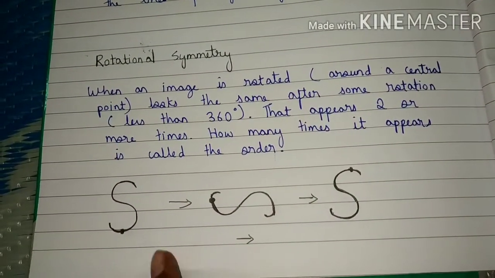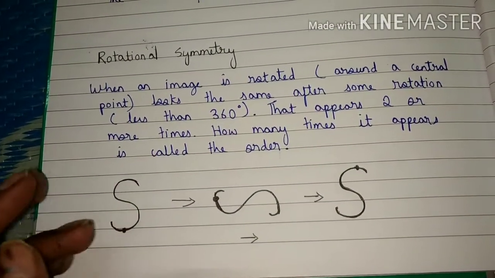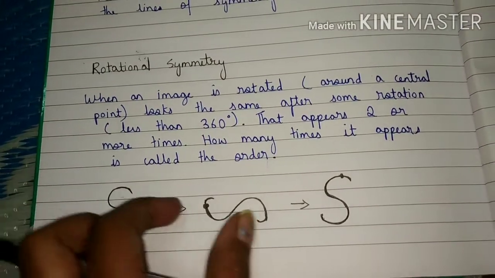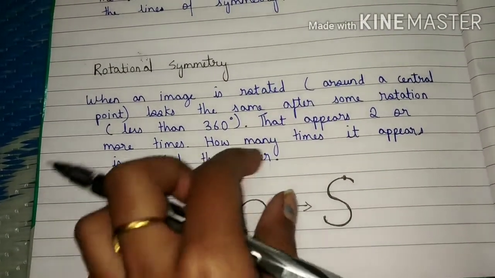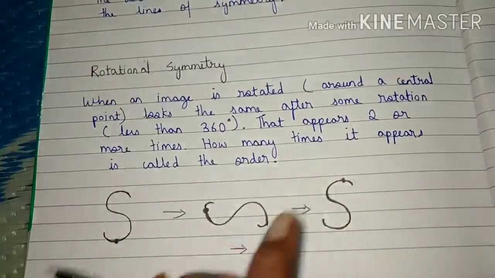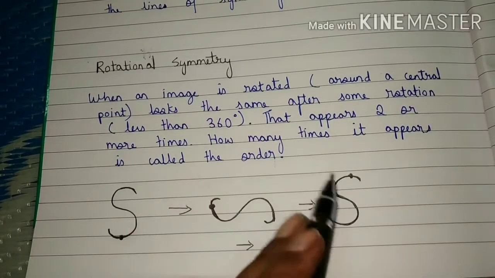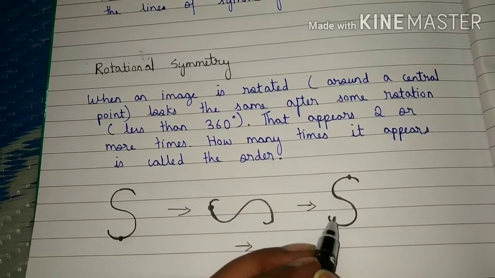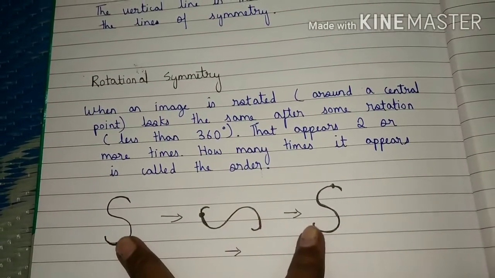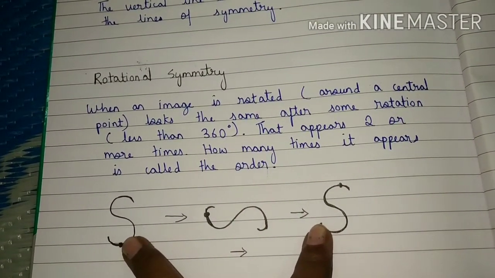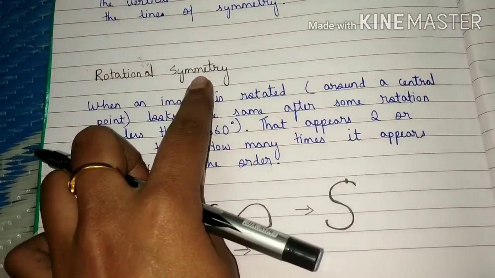Here I have rotated the figure of S 2 times, and after rotation you can see that the figure of S looks the same. So students, this type of rotation is known as rotational symmetry.